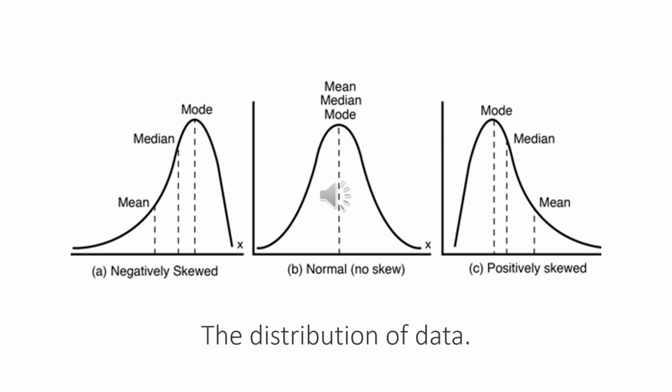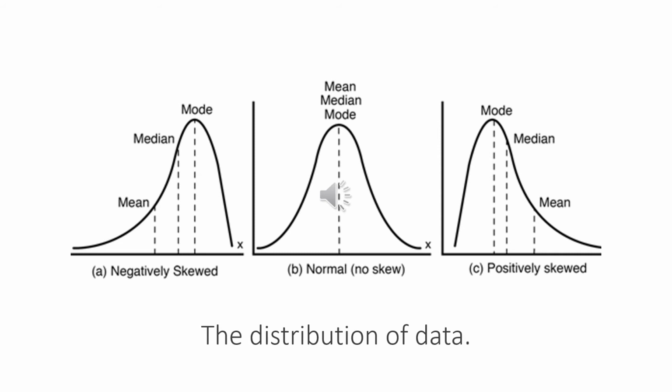The distribution of data in the middle one, the normal one, would probably present something like exam results, where you'd expect to see a nice bell curve: some students reaching around 60%, other students reaching 100, and other students on the other side reaching 40, 50, 30%. That gives you a nice normal, unskewed bell curve.